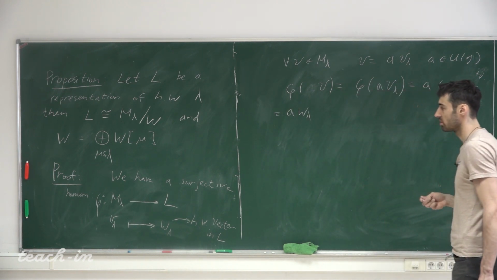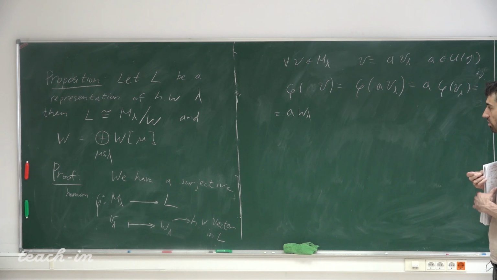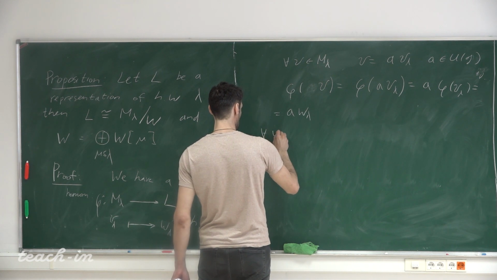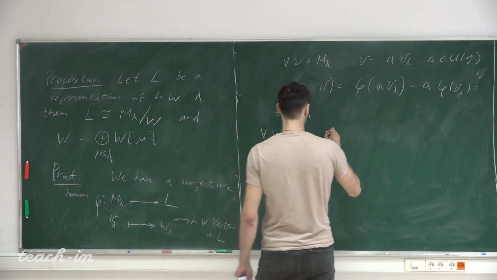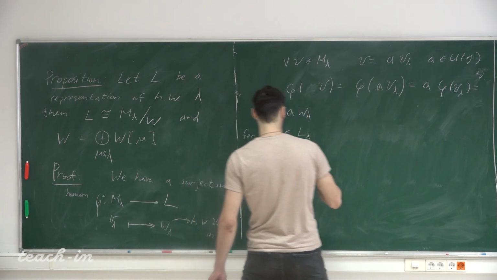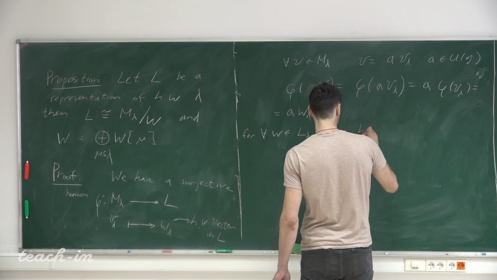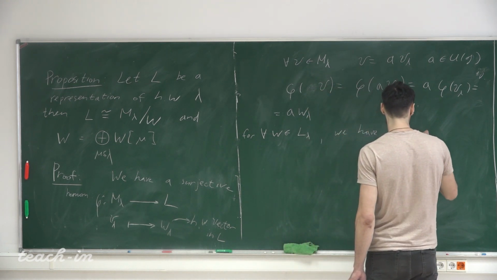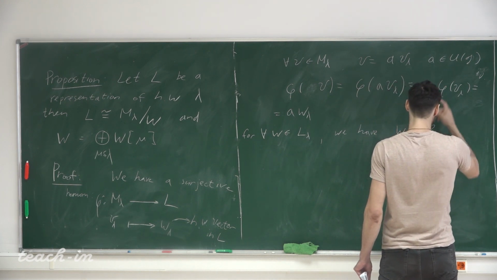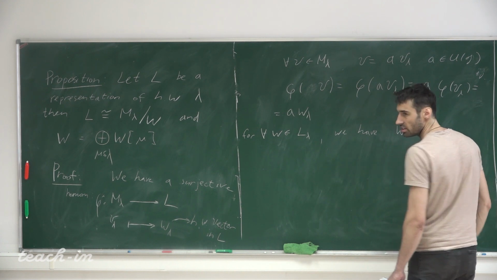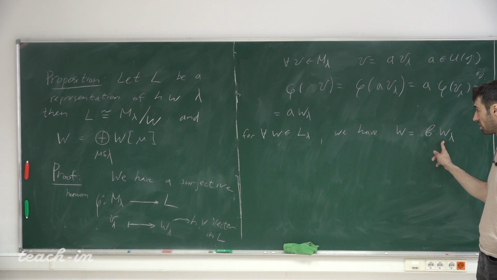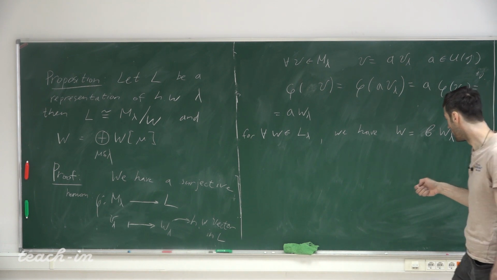And then, indeed, it is surjective because, again, for every w in L lambda, w is, let us call it, b w lambda. But this is of course in the image of phi, right?